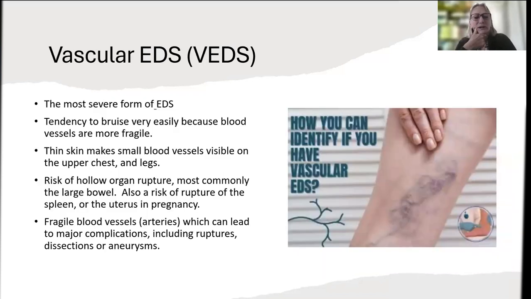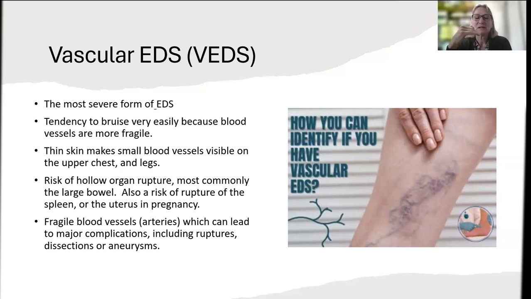The other reasonably common EDS, and the most severe form of EDS, is vascular EDS. So hypermobility is not so much a feature of this one. What it is, is that the blood vessels are very thin and the skin is very thin. So there's a tendency to bruise more easily, and often the abnormal bruising is the most common sign.